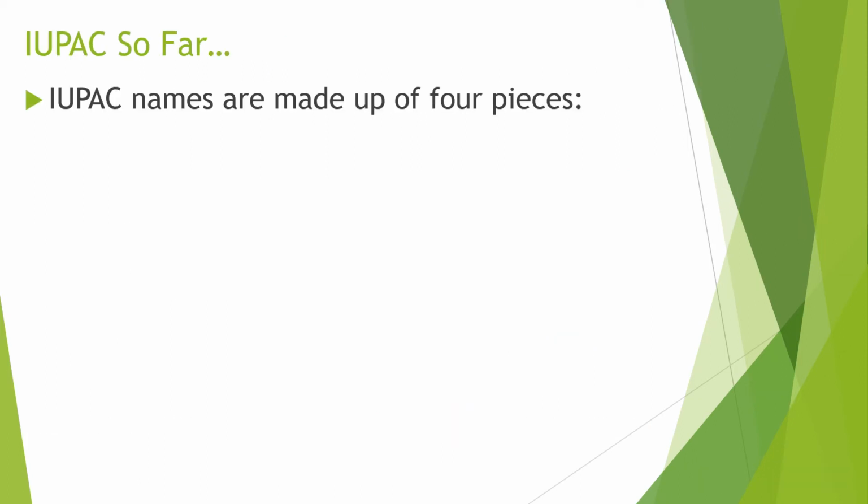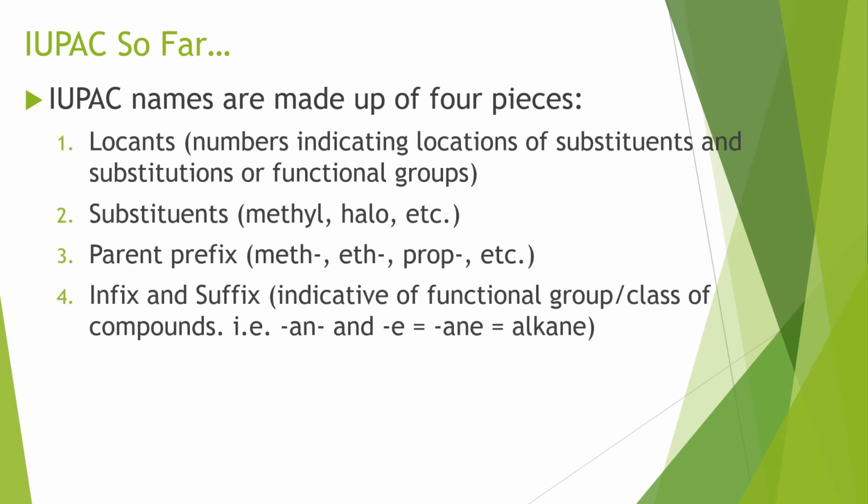So let's summarize IUPAC names so far. The IUPAC names are made up of 4 pieces. You have locants, which are the numbers indicating the locations of substituents or functional groups. You have the names of your substituents, so all those prefixes. You have the parent chain prefix indicating the number of carbons in the longest chain.